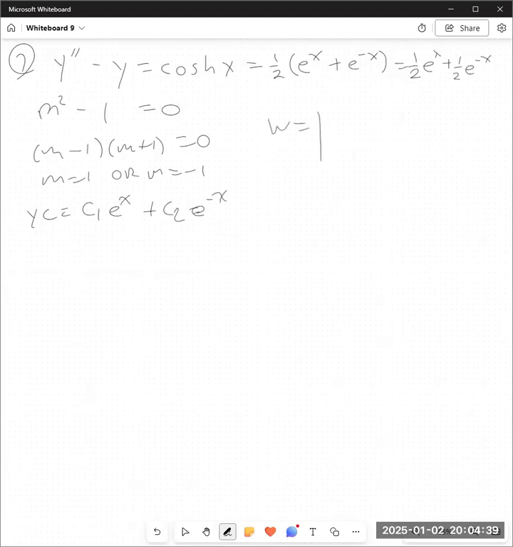So my Wronskian here is going to be e to the x, e to the negative x, then e to the x, negative e to the negative x. So this is going to be a -1, and -1 is a -2.